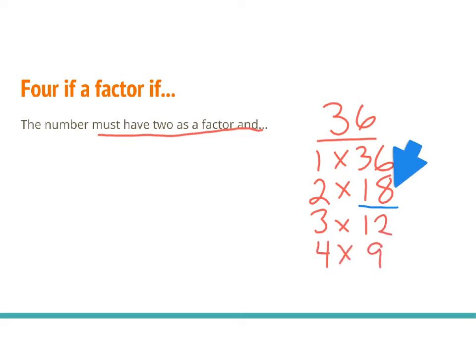Now that does not mean that every number that has 2 as a factor is going to also have 4 as a factor. So for example, let me get a different color ink. Let's go with 18. Well, 18, there's 1 and 18, has 2 as a factor, but the 9 over here that's paired with the 2 is odd.